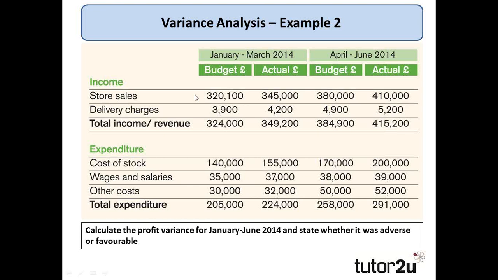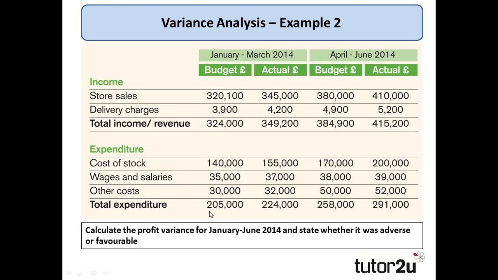Here we need to work out firstly what the budgeted profit was between January and June. There's a number of ways you can work it out; this is how I would teach it to my students. We work out what the budgeted profit was between January and March. There's our total income figure, $324,000. That's our total expenditure.